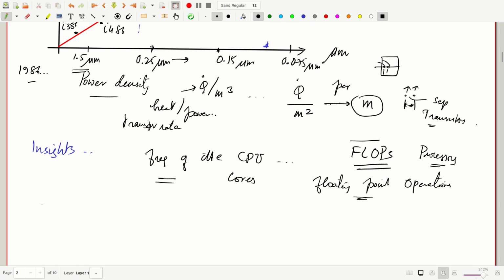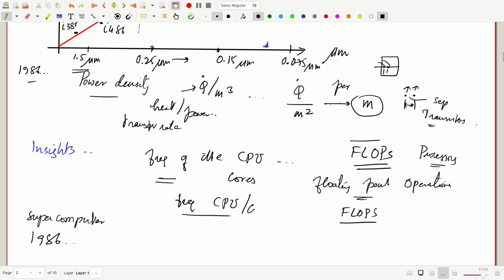So one of the things is, if you look back at 1986 and tabulate the frequency of the CPU or the core as well as the flops, then for the fastest supercomputers in 1986, the frequency of the core or the CPU was around 100 megahertz, whereas the number of floating point operations they could perform was approximately 100 megaflops. Now, what about now?